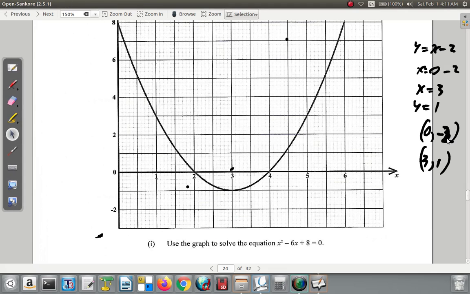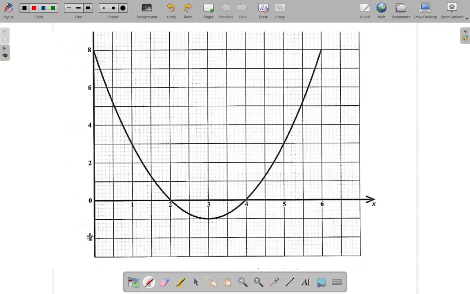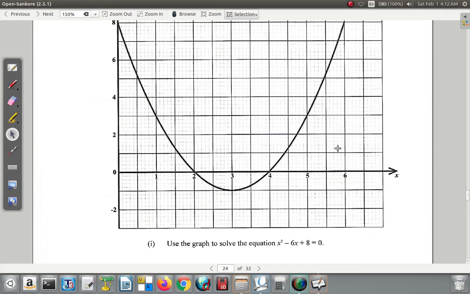Coordinates were (0, -2) and (3, 1). There were (0, -2) right here and (3, 1) right here. I make my line blue. So my straight line would pass through here. Good. Nice.